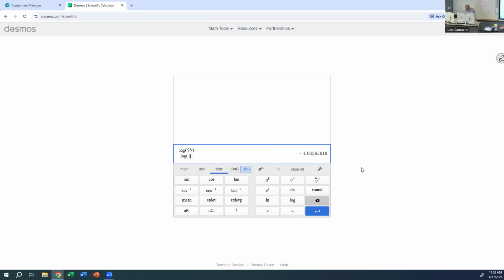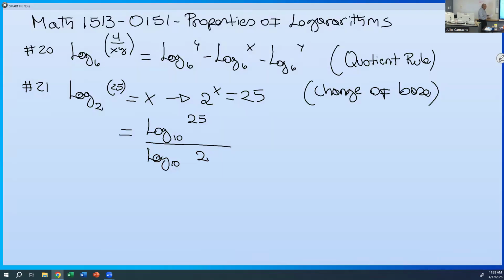You are dividing the log of 25 by the log of 2. And the answer is 4.6438. That is the answer. Let me go back to my white screen. The answer of this equation will be 4.64385618.